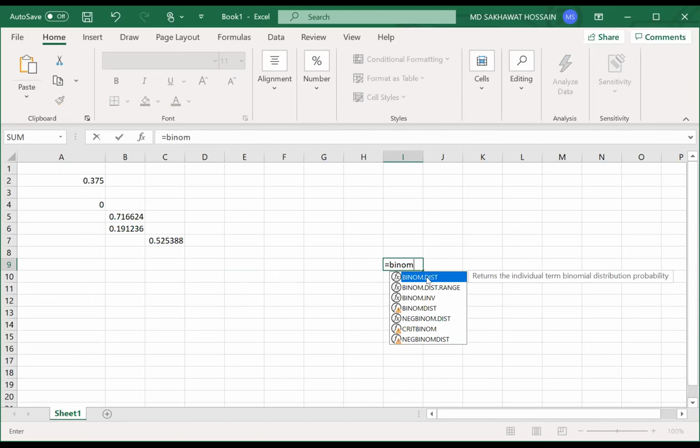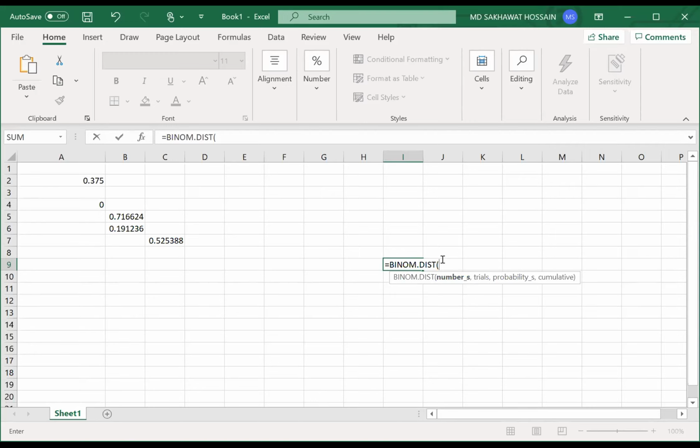Now you can see the first argument is Number_s, which means the number of successes.